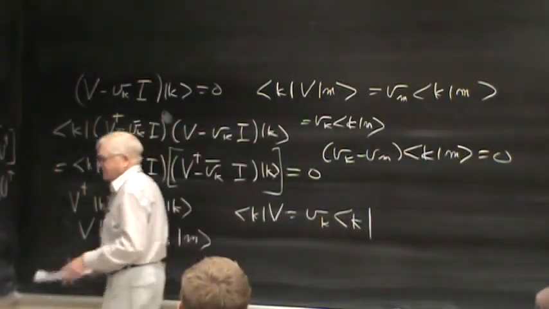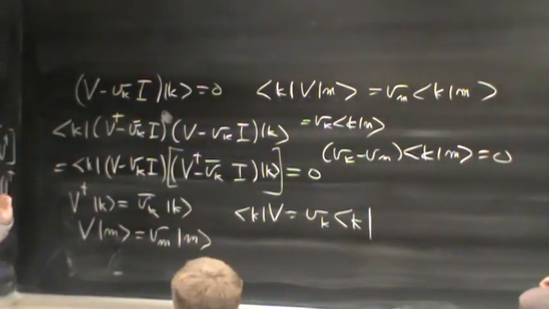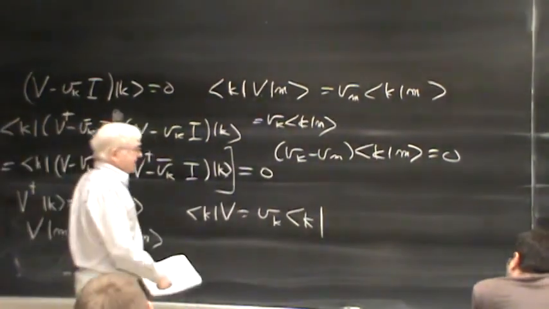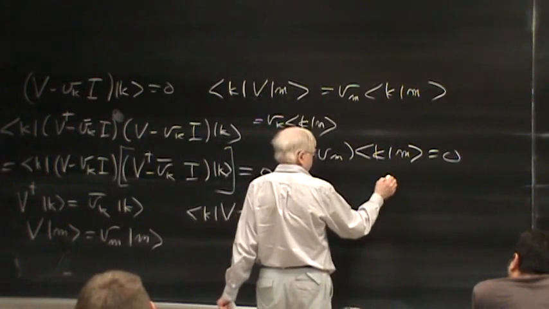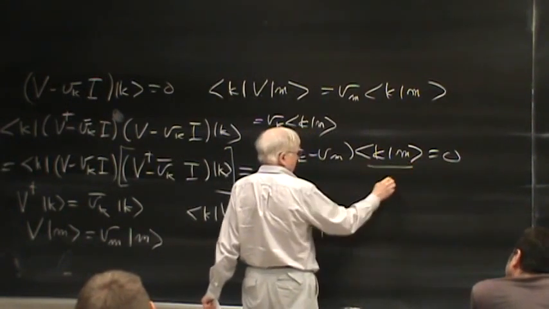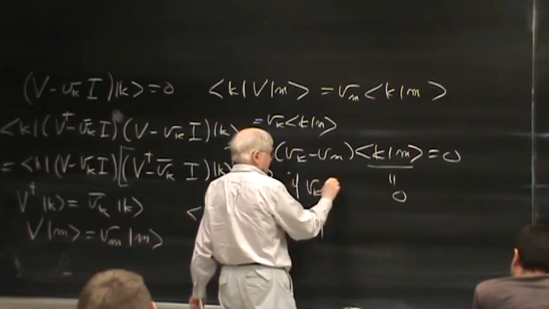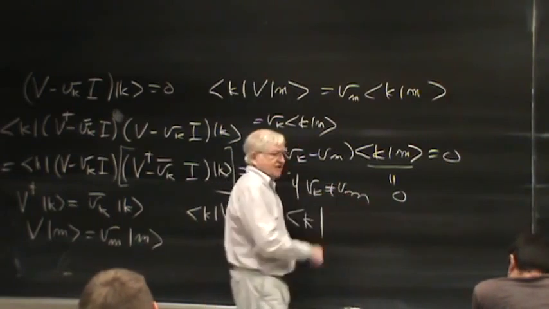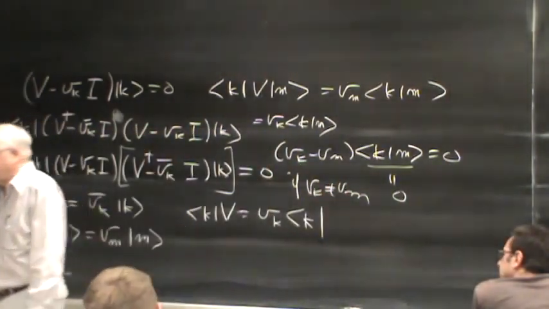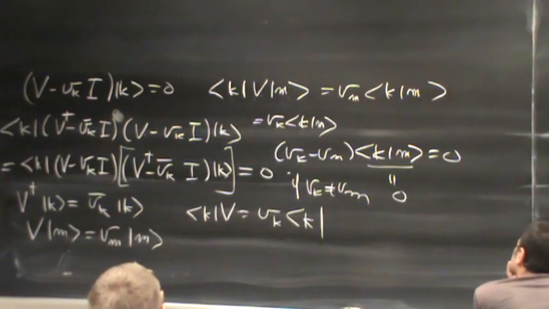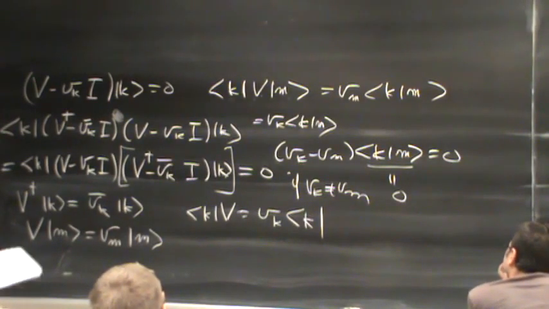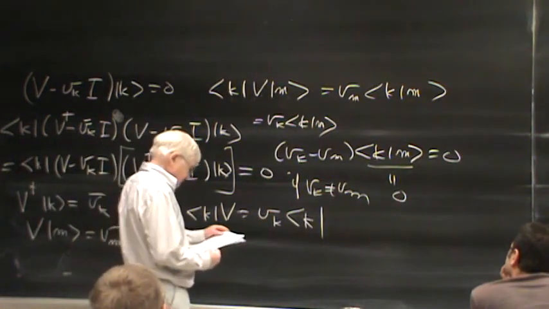So what we see is if you have a normal matrix, the eigenvectors are orthogonal if v_k is not equal to v_m. This is very similar to what we have with Hermitian matrices, namely that if the eigenvalues are different, the eigenvectors have to be orthogonal.